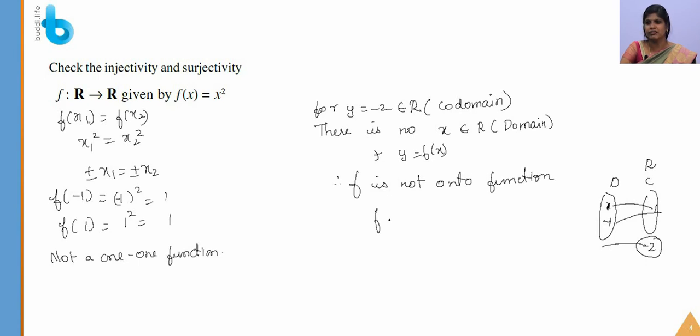Or you can write f is not surjective, as asked in the question. So this is how you should apply the general definition in solving the problems. Okay. Next we'll move on to the next topic.